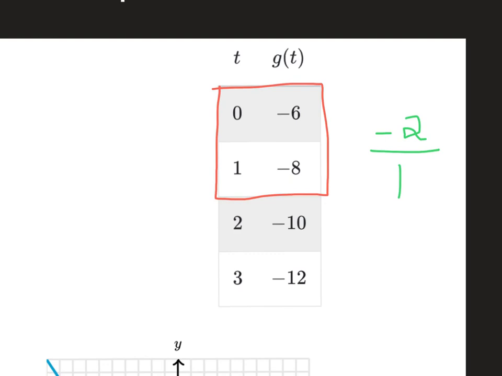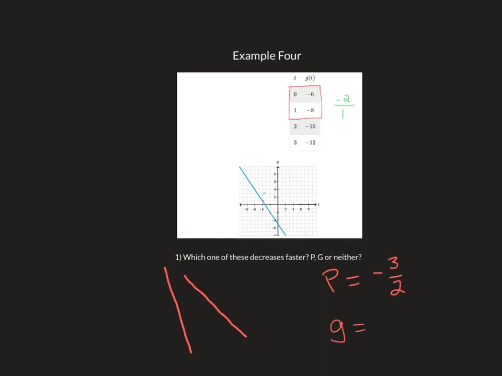Let's finish this problem up. We know that G has a slope of negative 2. So which one of these decreases faster? The one that decreases faster is the one that is more negative. If it is a negative slope, it is the one that is more negative.